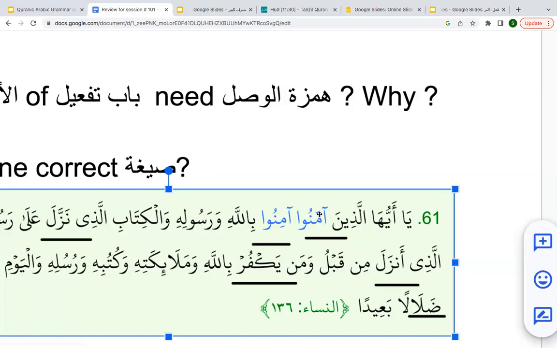Remove alamatul mudari, number 1. Number 2, so it's at the last letter. Let me take you to this. So this was from tu'minuna.